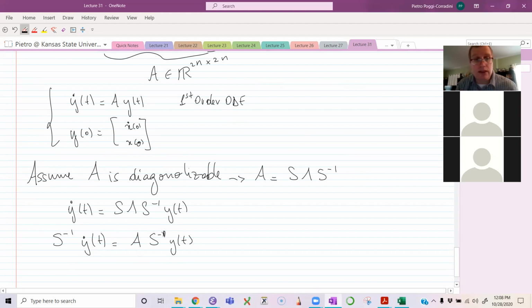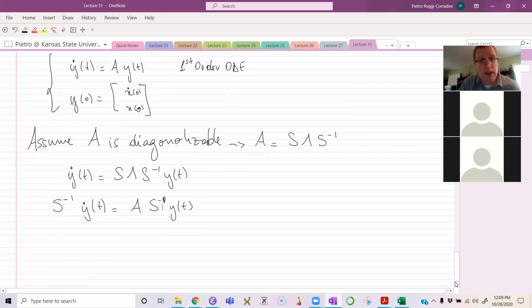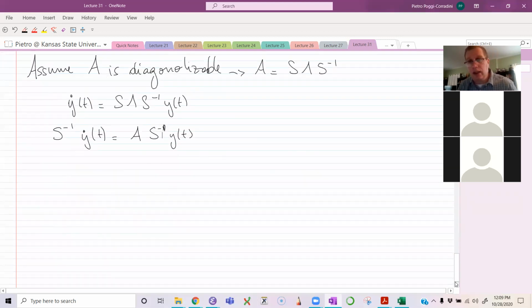And then because S inverse is a matrix, this is a linear operation. You can switch it with the operation of taking time derivatives. So actually you can write this as S inverse y of t dot.